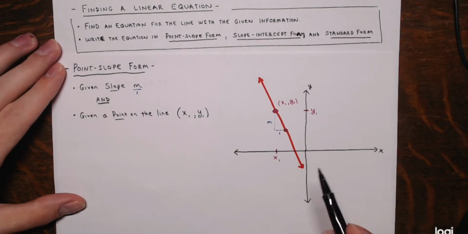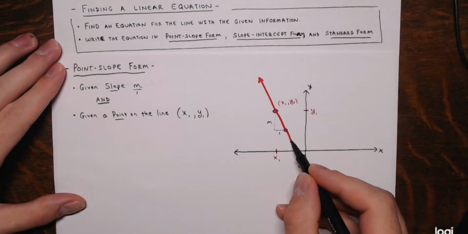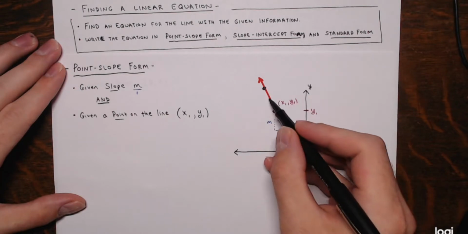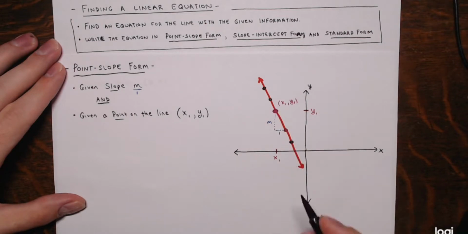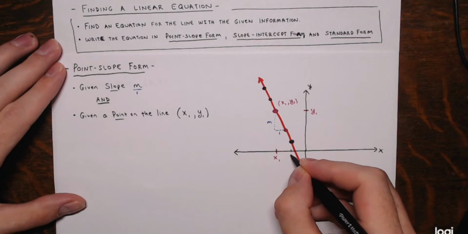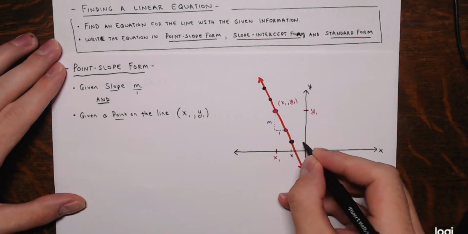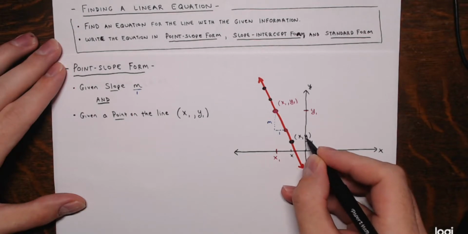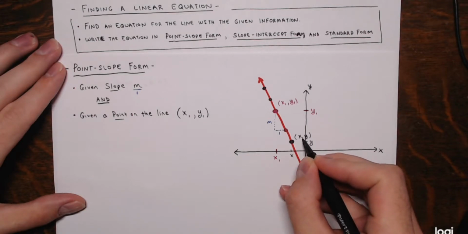Well, if you were to take any point, this point here, this point here, this point here, it doesn't matter. So if I were to take any point with an x-coordinate of x and a y-coordinate of y, so x comma y, these are variables, and I'm making them variables because they can change.